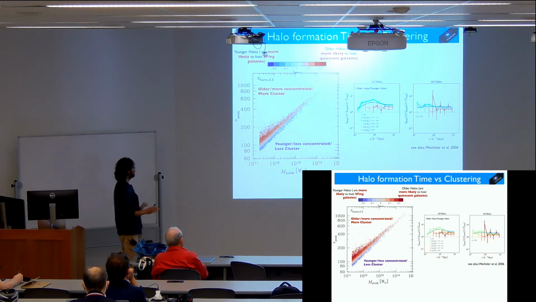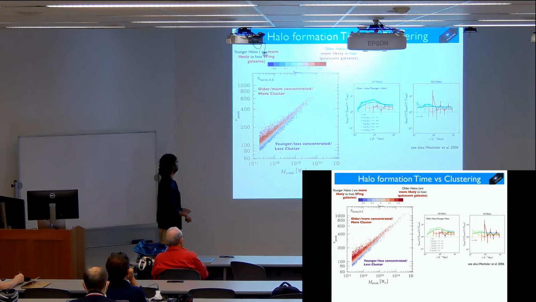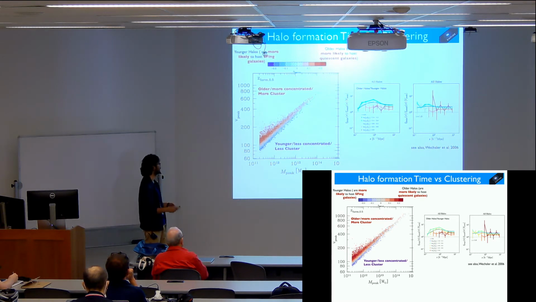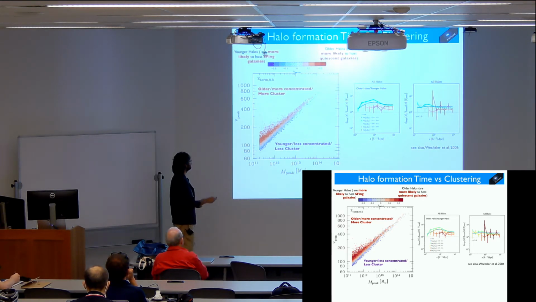In a very simple way, the model works in this way. So in the y-axis, here we are plotting the maximum circular velocity over the whole history of the dark matter halo. And here is the maximum mass of the dark matter halo over its history. Color-coded is the formation redshift of the dark matter halos.